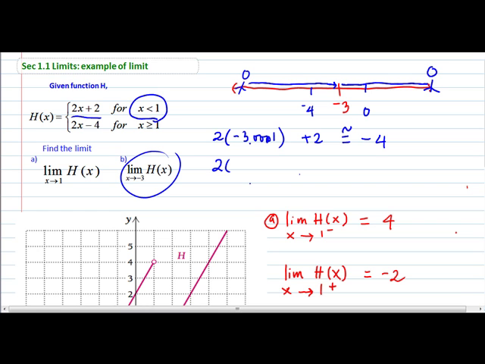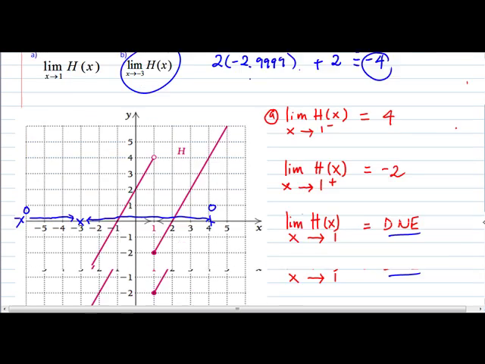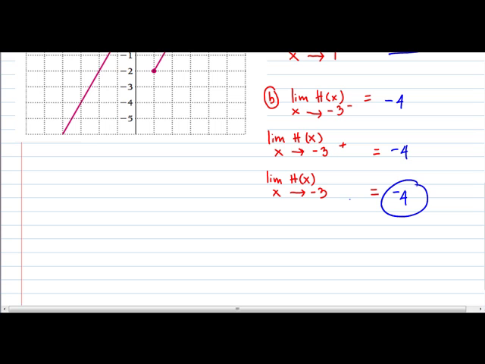I put minus 2.99999 and so forth, very close to minus 3. Now you take 2 times minus 2.999, which is almost like minus 3 times 2, which is minus 6, plus 2, approximately minus 4. Because my limit from the left is the same as my limit from the right, which is minus 4, my overall limit is minus 4. So that is my answer.